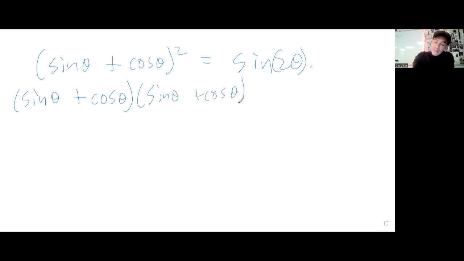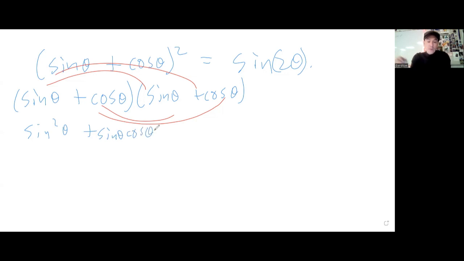And now we can apply the distributive property. Maybe they called it FOIL in high school. It's just the distributive property. Let's go. So sine times sine gives us sine squared. Sine times cosine is literally that. The inside gives you back the same thing, sine times cosine, and then cosine times cosine is cosine squared.